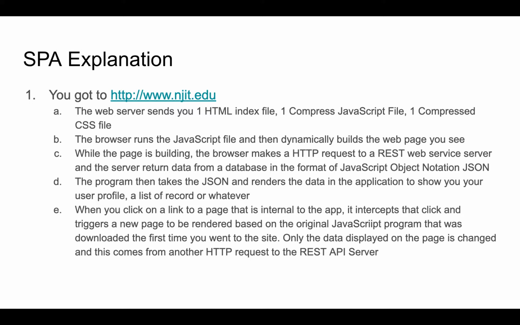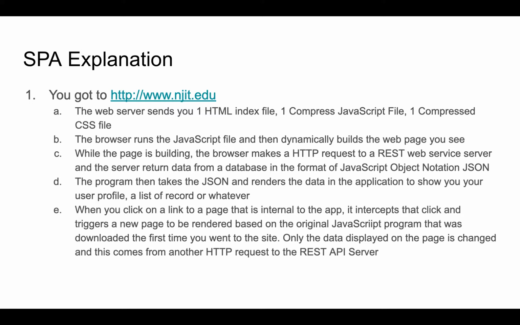So let's say we go to njit.edu. The first thing that happens is the web server sends you one index file that contains the basic structure of the application, like a list of things to download essentially. Then with that, it'll download a compressed JavaScript file and one compressed CSS file.